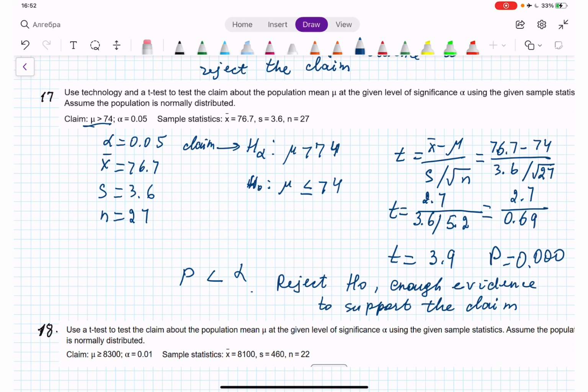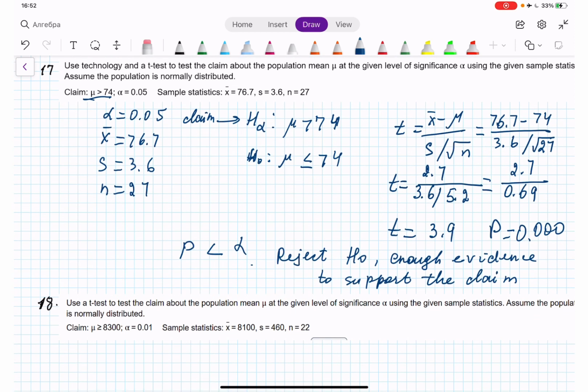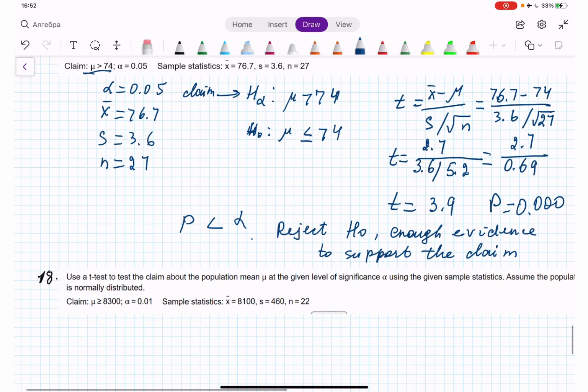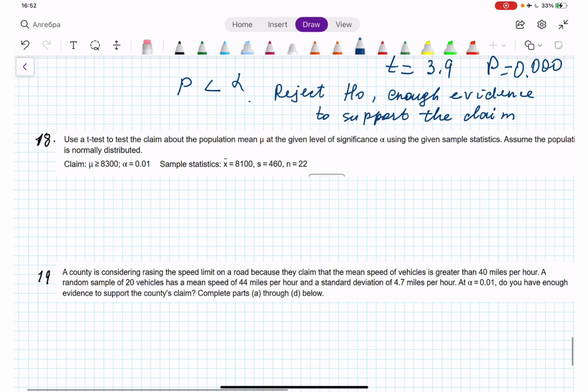Okay, moving to the next question. Use a t-test to test the claim about the population mean. It's the same thing. We have the null hypothesis: mu is greater than or equal to 8,300.